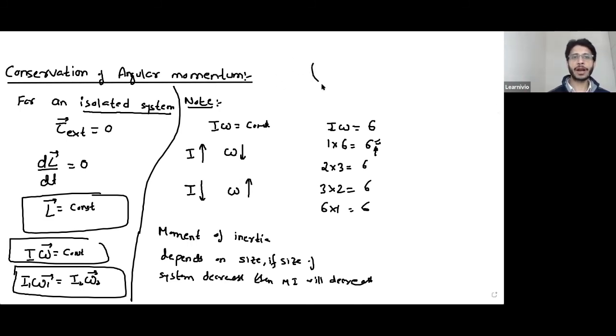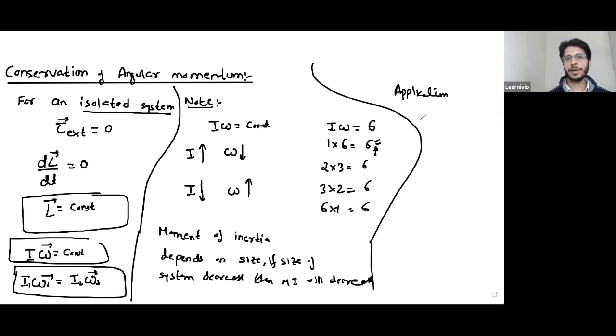If I take some practical applications of this conservation of angular momentum, let's take as the first application the rotation of Earth. When Earth is rotating, it's basically an isolated system.